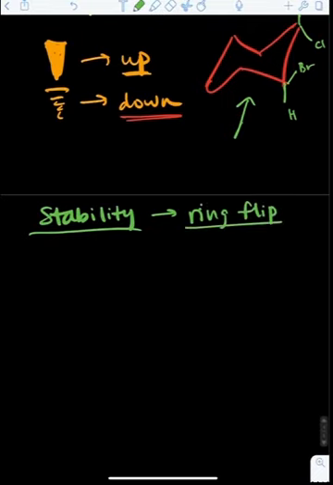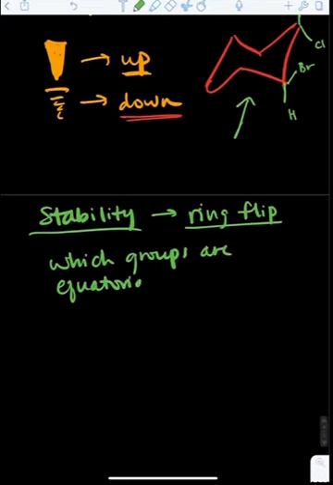So this is how we're going to be determining the stability. And this all has to do with which groups are equatorial and which are axial.